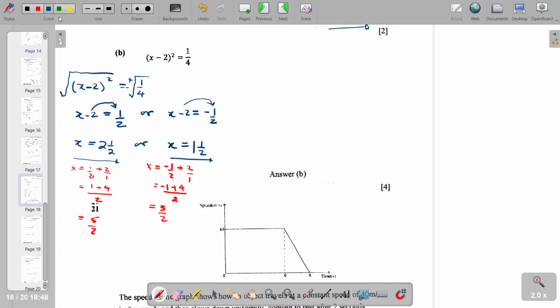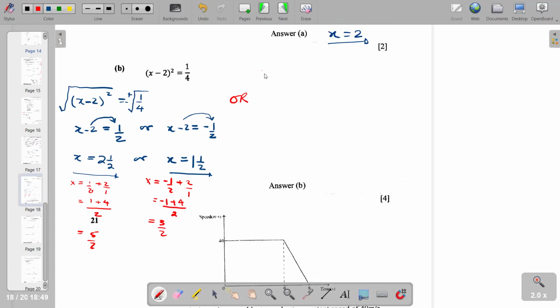Alternatively, it was also possible that we expand the bracket there. So that means here we are having x minus 2 multiplied by x minus 2 equal to 1 over 4.